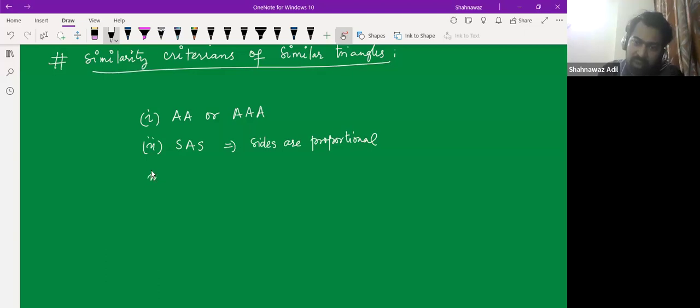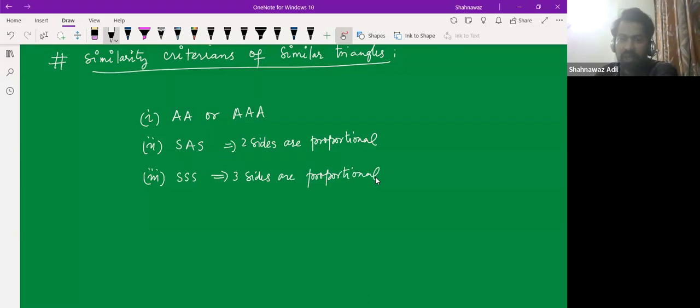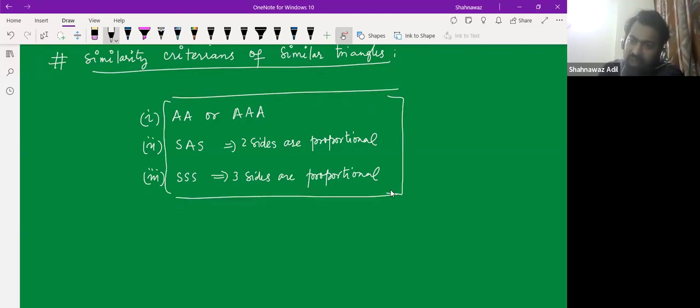And the third was SSS, where all three sides are proportional. So these were the scenarios of similarity of triangles. These are the things that we have studied in the triangle chapter, right?